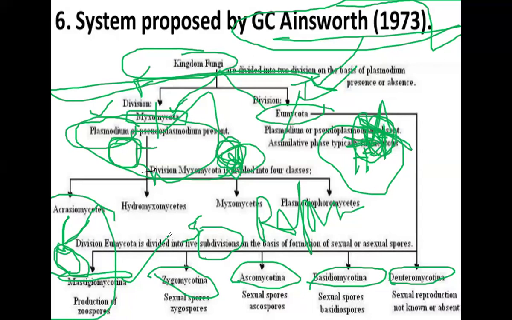What are those? Already explained. Chytridiomycetes, Hyphochytridiomycetes, and Oomycetes, that we will discuss. And Zygomycotina: the sexual spores are zygospores.